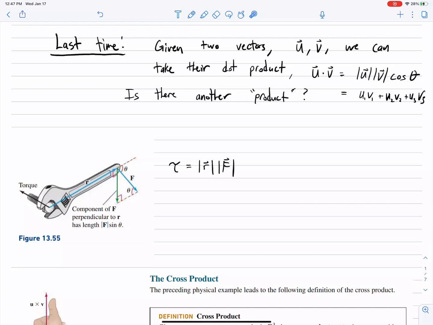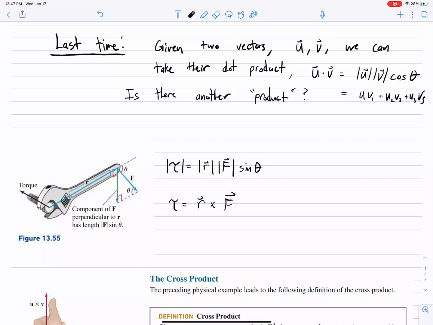If this is 90 degrees, then this is the opposite side, so it's actually going to be sine theta. And so this is the cross product. The magnitude of tau is equal to r cross f in a certain sense.